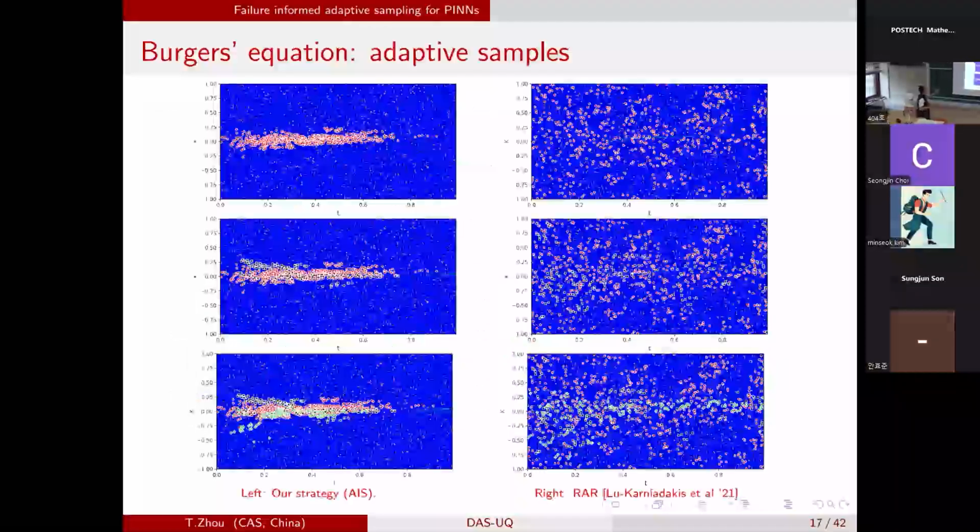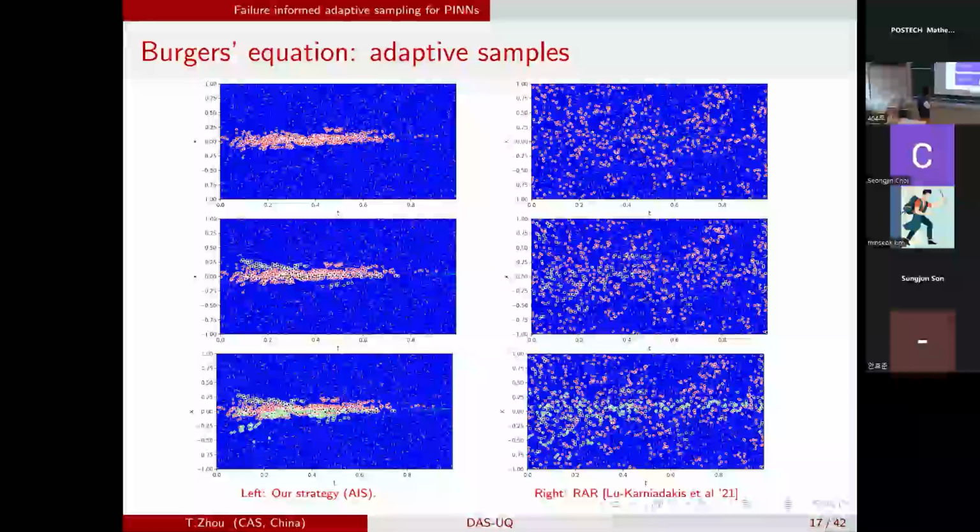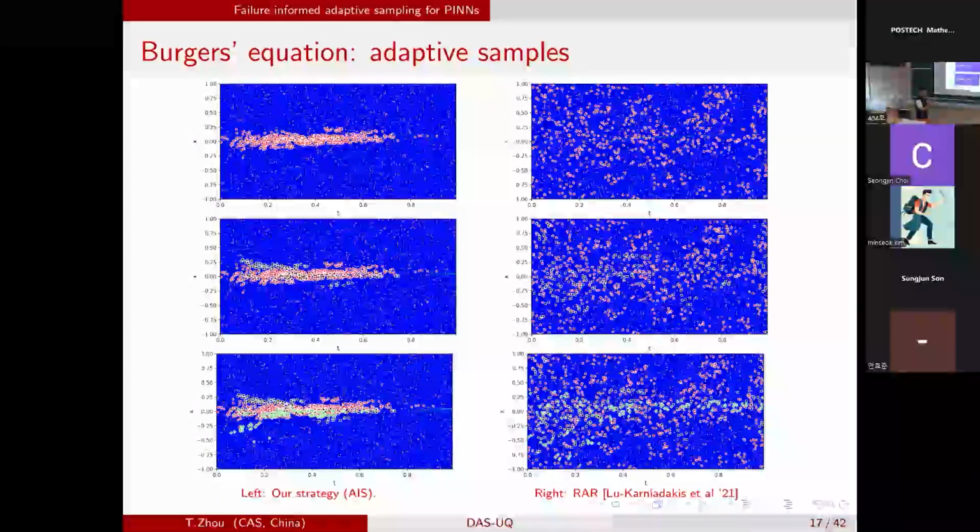The method works like this. You can see that there are small points in the background for the computational domain. For this example, I treat x and t as equivalent. I treat the time variable and the physical variable as the same thing, so I just computed this two-dimensional problem.